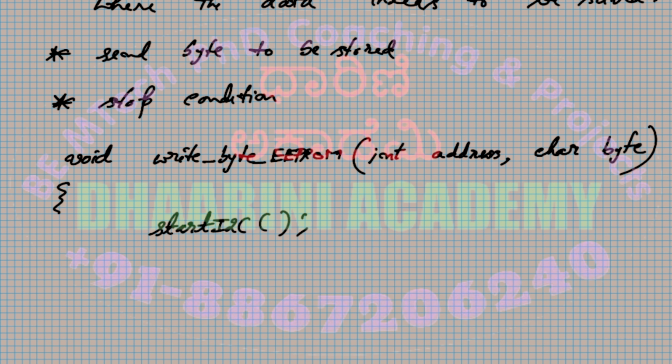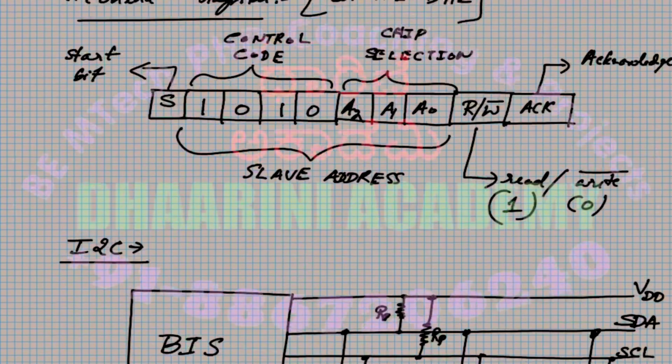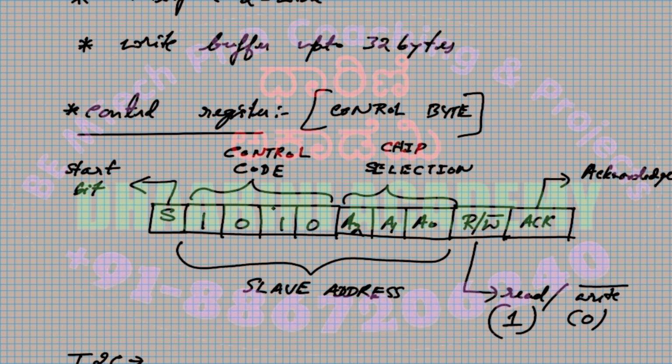That's all. So you know what's going to happen, right? The start bit will be inserted over there. Now you see, there is what is called a device address. So where is the device address? I'm looking at the control register, and we are trying to make a reference to that.